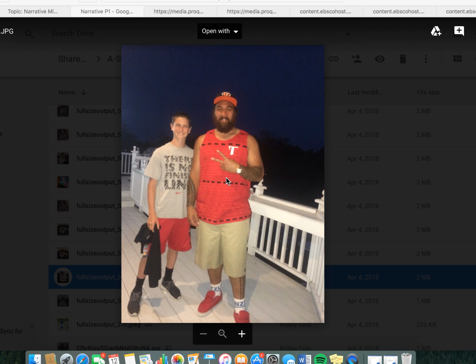compared to him. But what I would change about this picture, I would change it so that the compositional elements were more apparent.